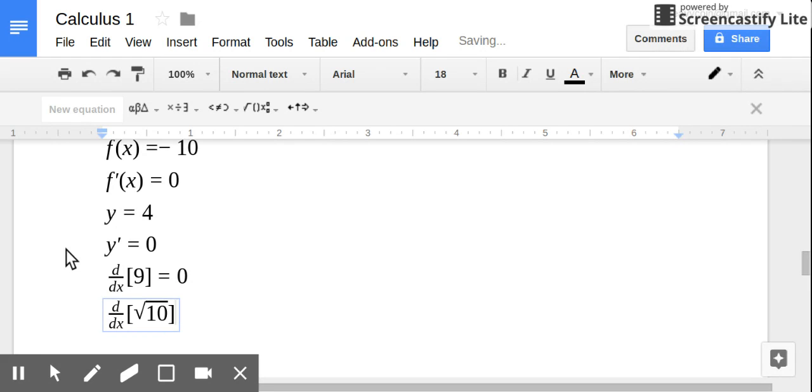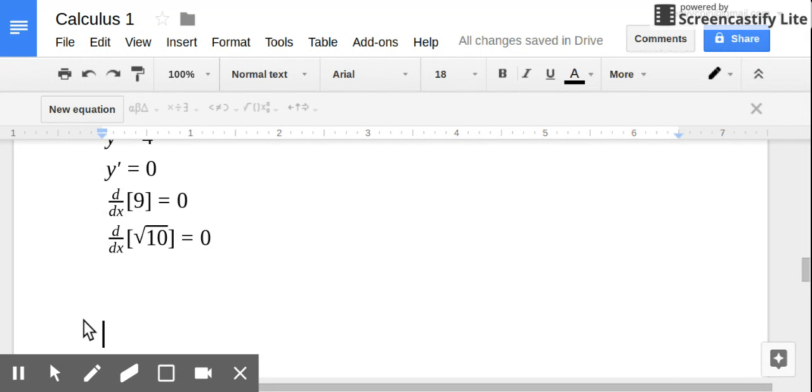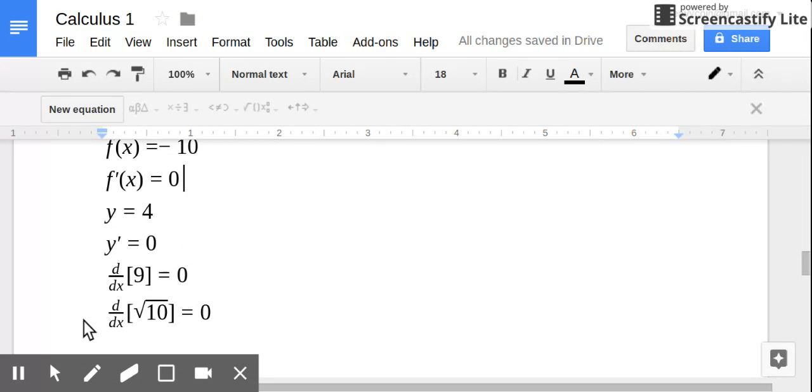Right? Well, the square root of 10 is a constant. Right? It's a constant, and the derivative of a constant is 0. See that? Okay. That derivative is 0.